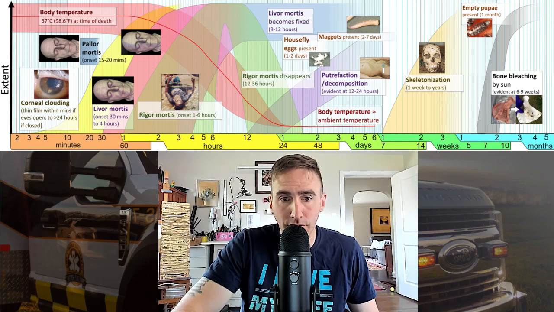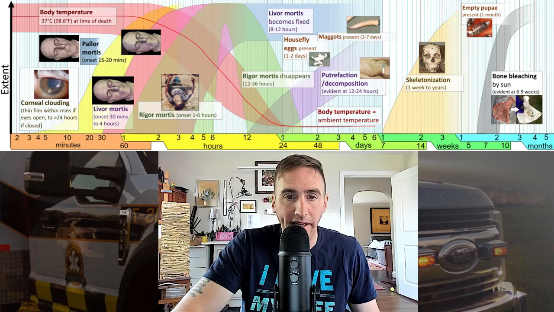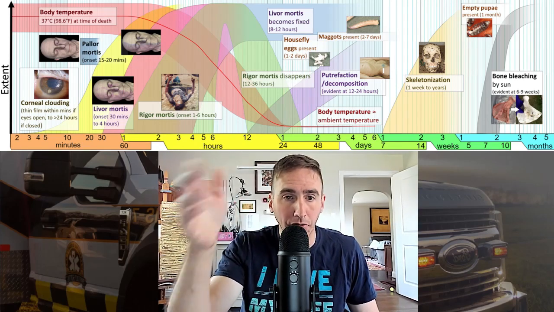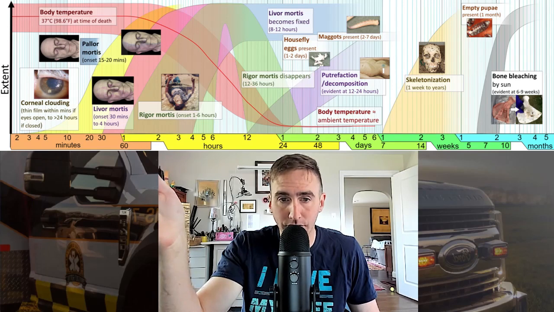But usually the first thing that you'll see in the first 3 to 10 minutes is clouding of the cornea. Then usually around the 30-minute mark, you start getting some pallor, and then livor mortis usually sets in around 30 minutes to 4 hours.